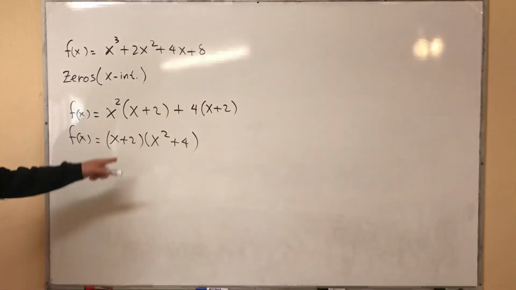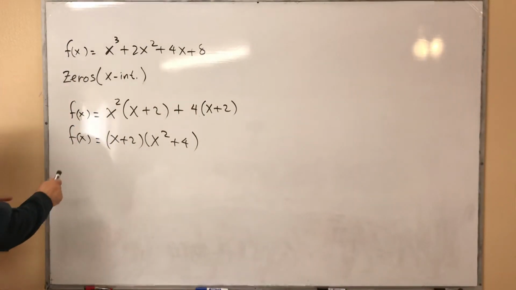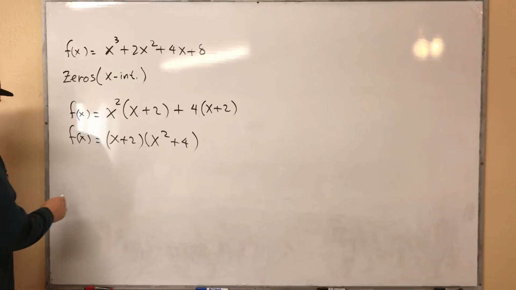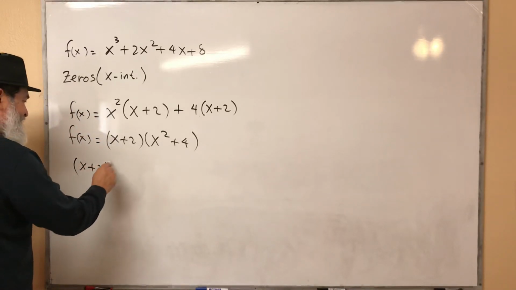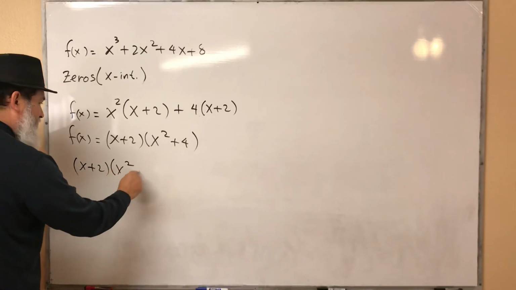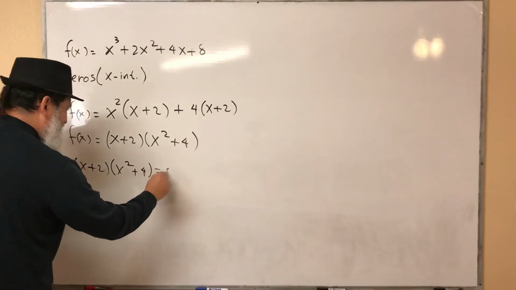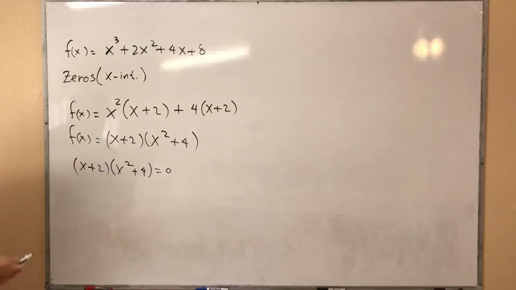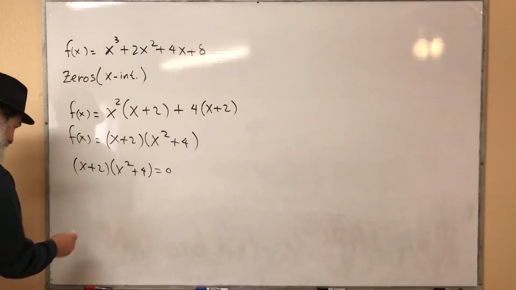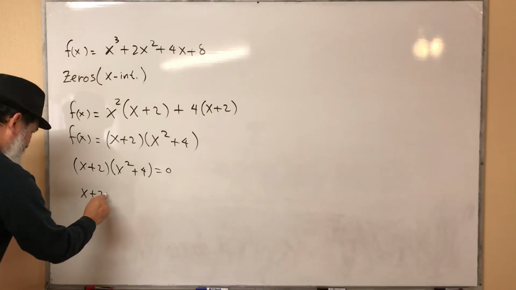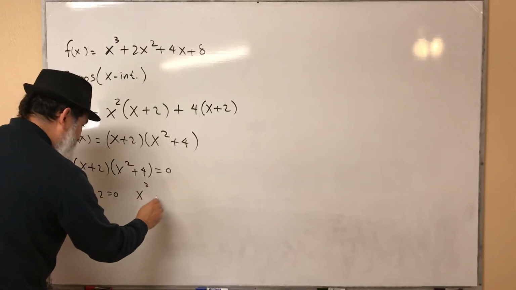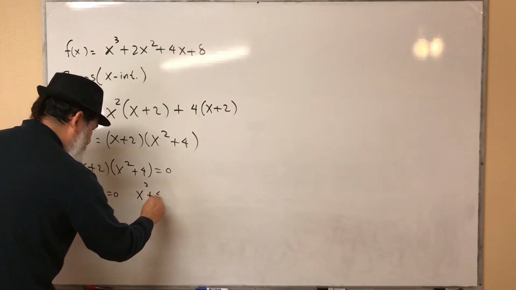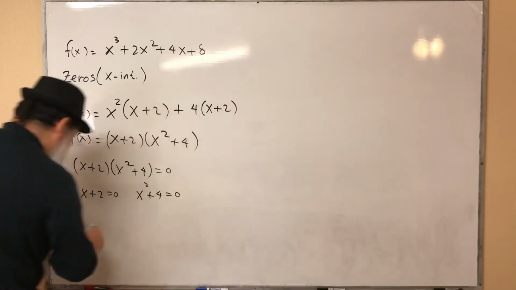Now, if you set this equal to 0, x plus 2 times x squared plus 4 equals 0. Watch this. X plus 2 equals 0, or x squared plus 4 equals 0.